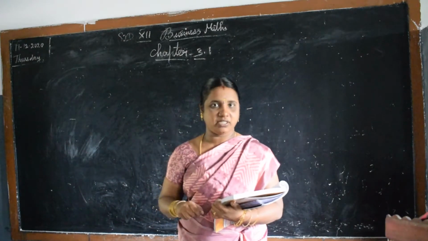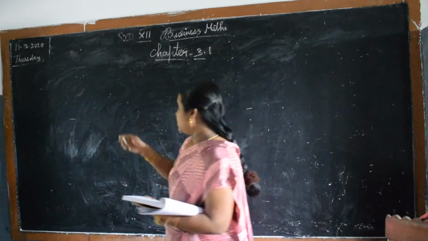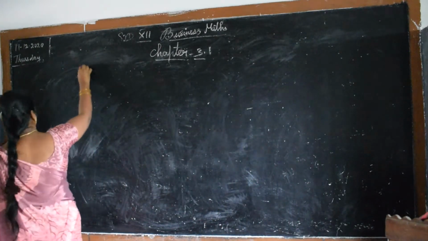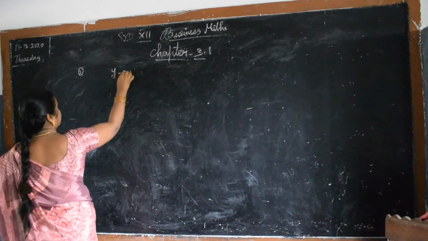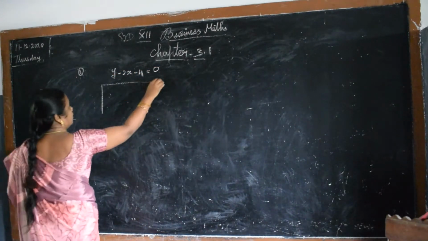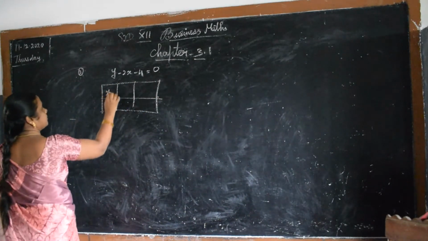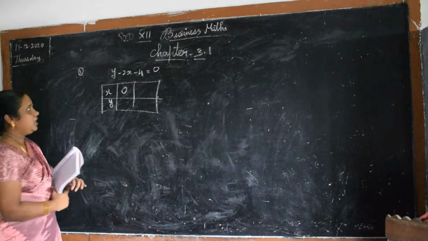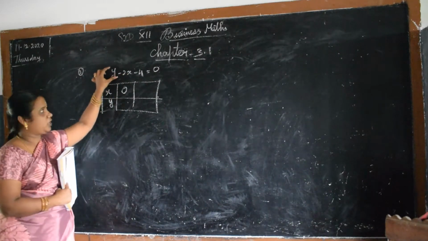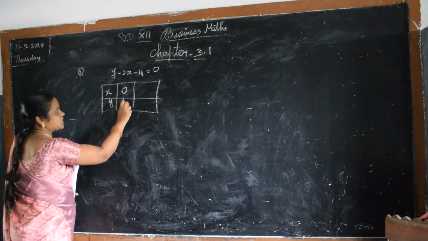One equation is given, then y is equal to 1, y is equal to 3 on the x-axis. First you draw the diagram. See, write the equation: y minus 2x minus 4 is equal to 0. Now you find the coordinate points. Just substitute x is equal to 0. If x is equal to 0, what is the value of y? y, and add the minus 4 to plus 4. So the value is plus 4.